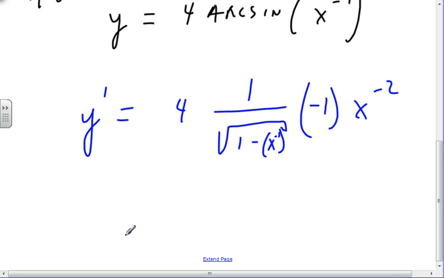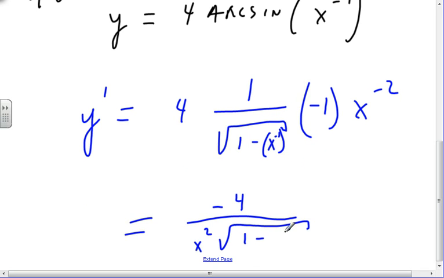And then I'd rewrite that as minus 4 divided by x squared times the square root of 1 minus 1 over x squared. That's probably what I would do.